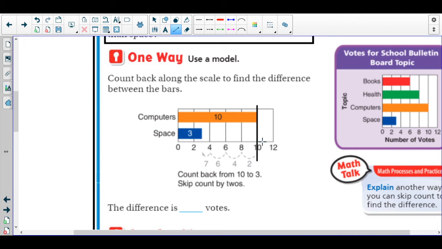And then we're just going to count backwards, okay? And this scale is of 2, so there's 2, 4, 6, and then 7, because we would need to get to that halfway mark right there. All right, so that's one way we can do it. All right, the difference is 7 votes.